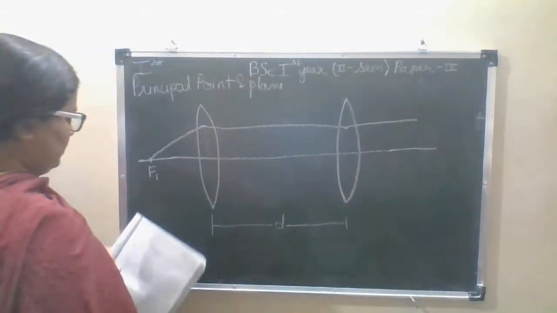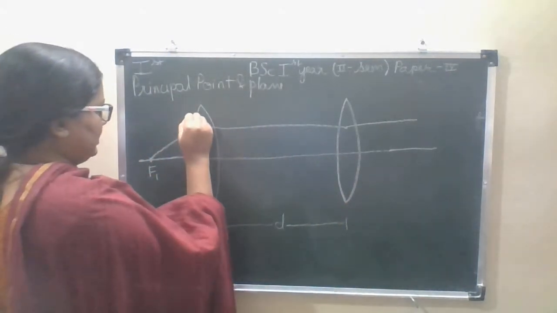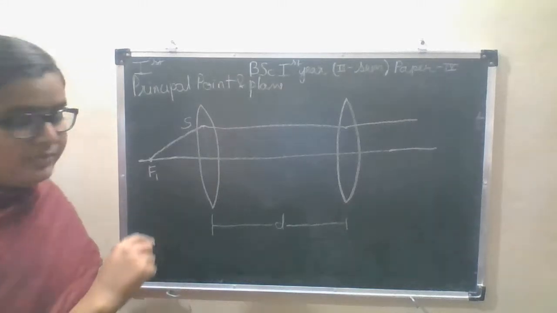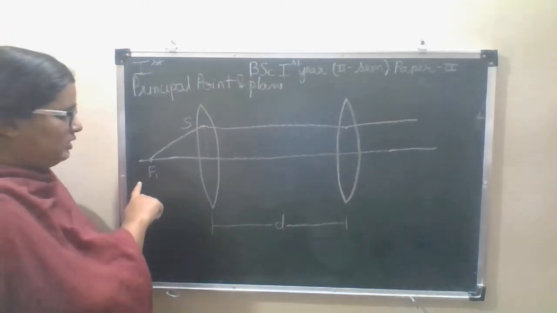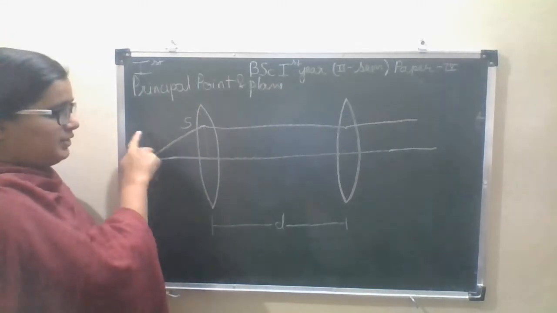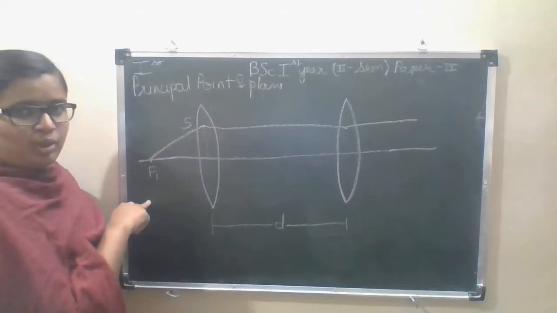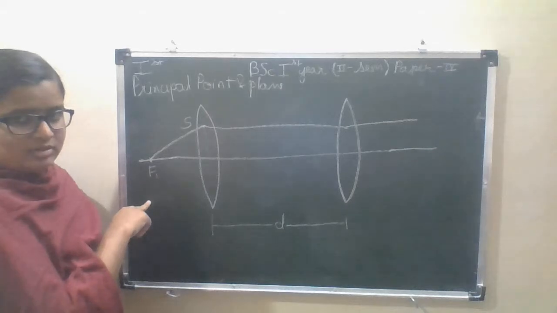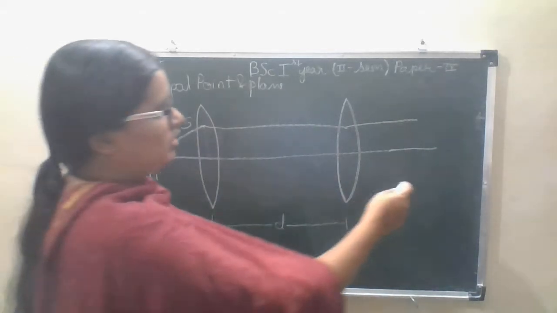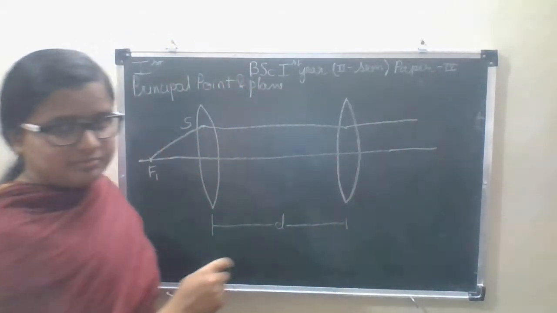This is the point S here. This is the incident ray, and this side is called the object space, and this is called the image space.